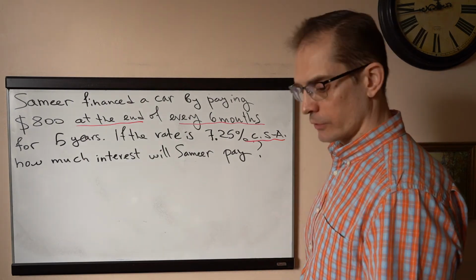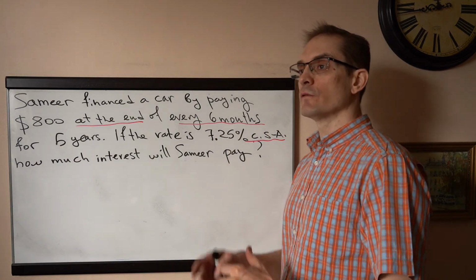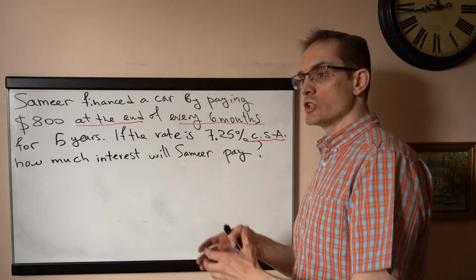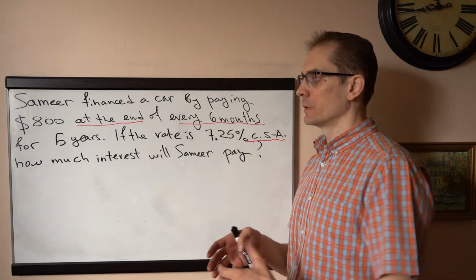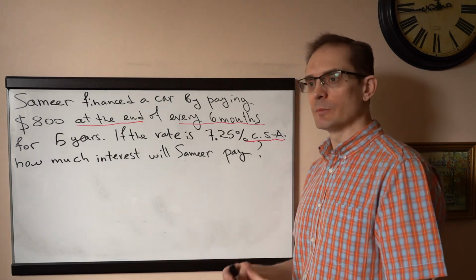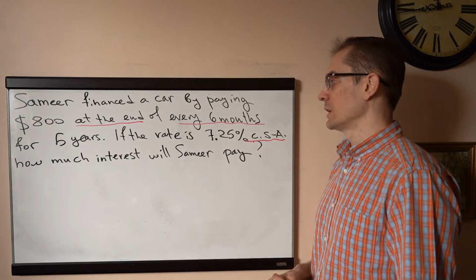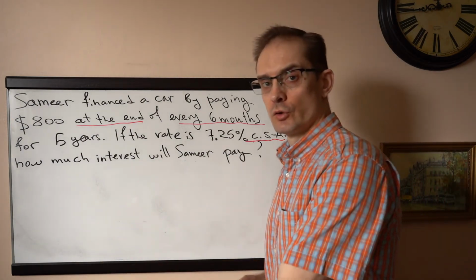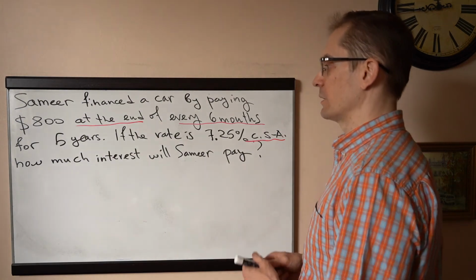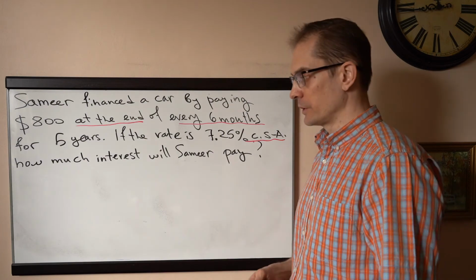Now, what kind of formula do we need? Do we need future value or present value? In this case, Samir finances a car, which is a type of loan. So Samir will drive the car starting today, but for that car, he will be paying at the end of every 6 months in the future. Because it's a loan, we're talking here about the present value of an annuity.